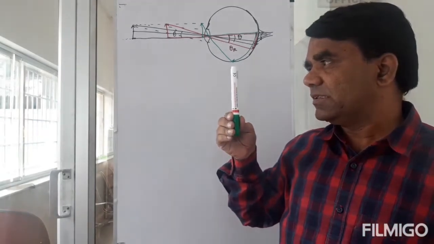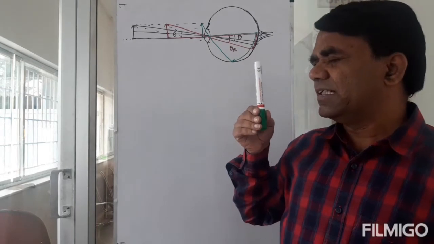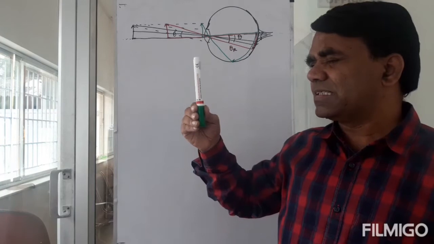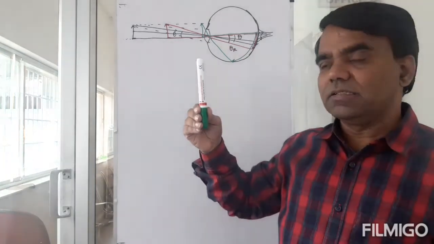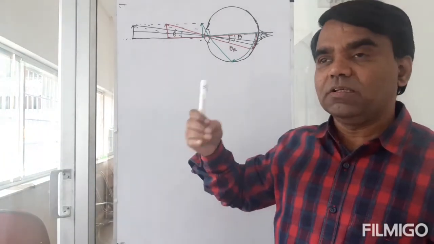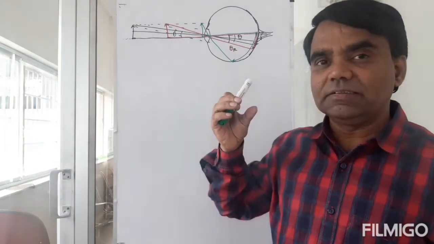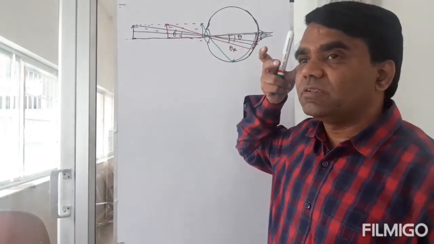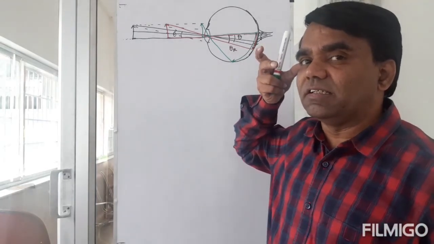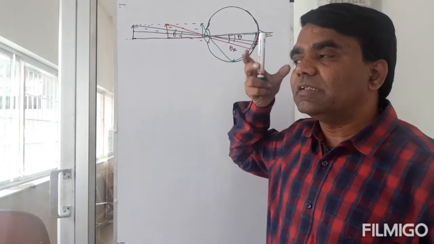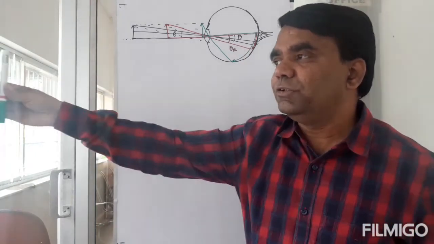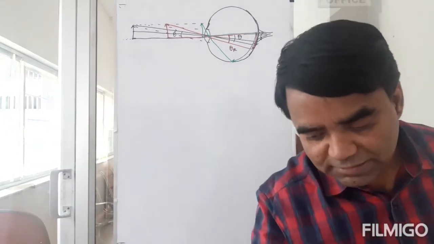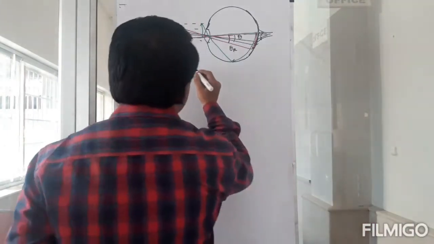And from this point forward, it is getting blurred, I can't see that clearly. So there is some distance till which the focal length of the eye can adjust to form the image on the retina clearly.